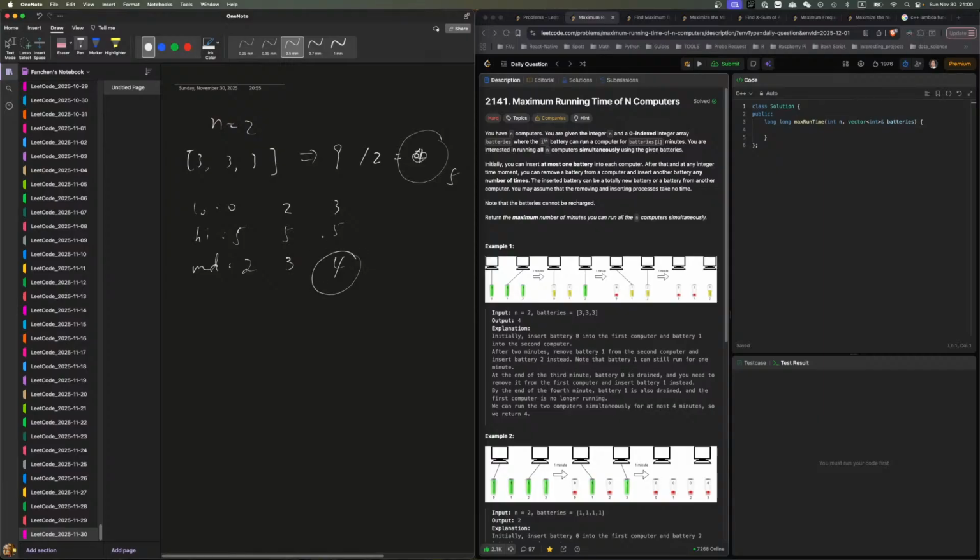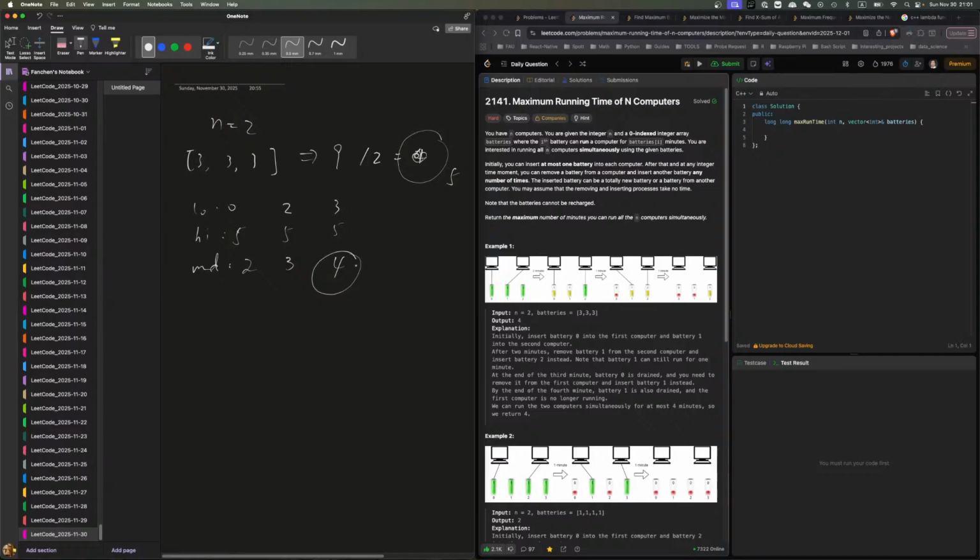Okay, how do you handle this? So 4 minutes. So battery must run, right? Let's say it runs 1 minute, it runs 1 minute.